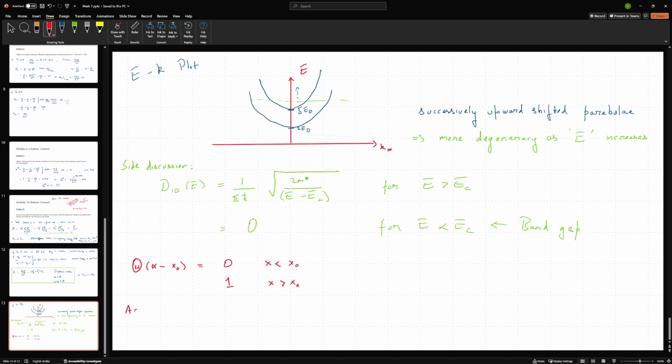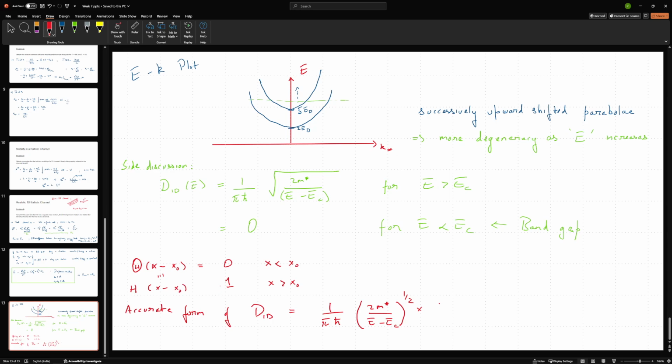So the accurate form of D1D is actually 1 upon pi h bar, square root of 2m star upon E minus EC, whole raised to the power half, into the theta function, which in some notation is equivalently written as the Heaviside step function.